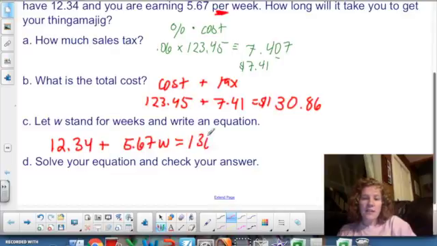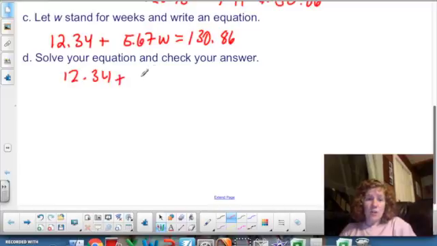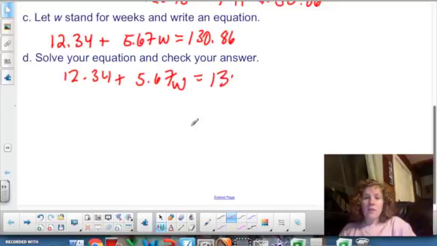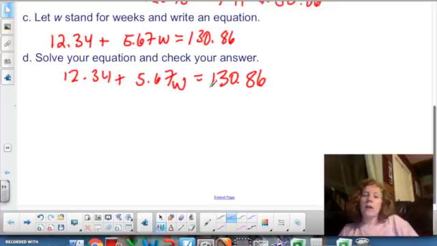I'm trying to save up until I've got $130.86. So now the question is, how long is it going to take me to get my thingamajig? Well, now I've just got to solve this equation. It's an easy equation to solve once you write it because it's just a two-step. So I have $12.34 plus 5.67 per week should be equal to 130.86.